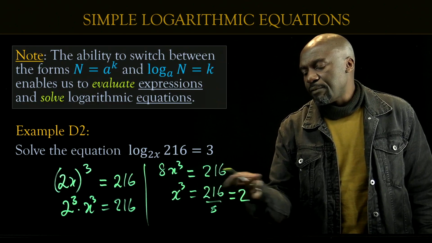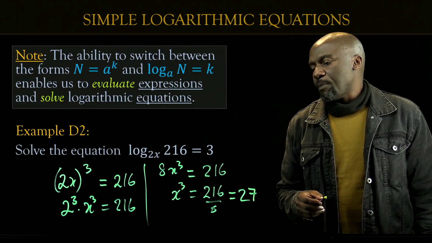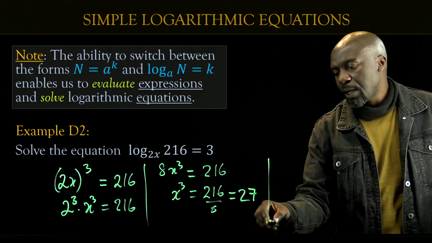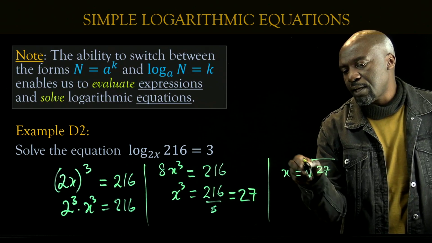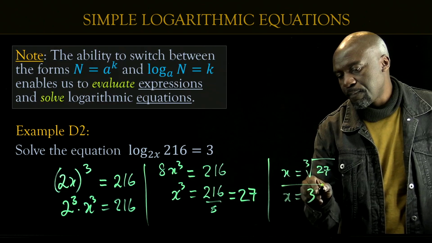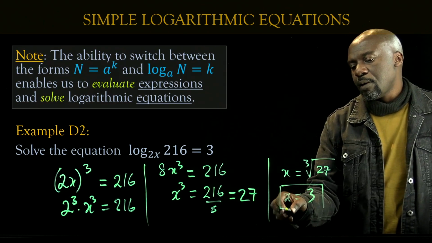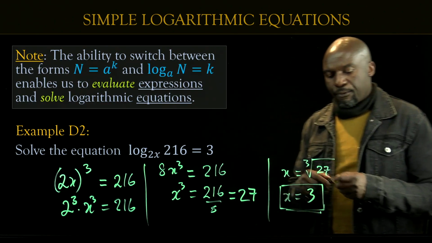I'm left with 56, and 8 into 56 gives me 7. So x to the power of 3 is 27. So x must be the cube root of 27. x has to be 3. Okay, and that is the answer that we get for this question.